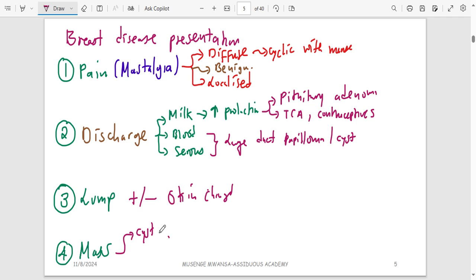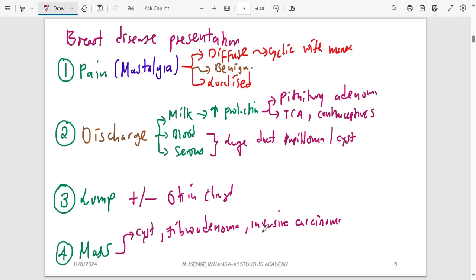But the most common of these masses are fibroadenomas. Fibroadenoma. And then there's also invasive carcinoma. We are going to understand what invasive carcinoma is. So these are the masses that we are able to see in the breast.